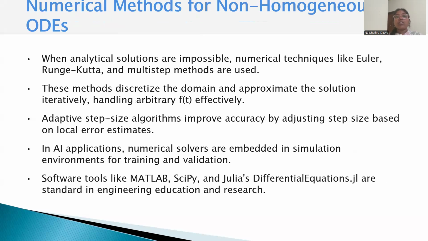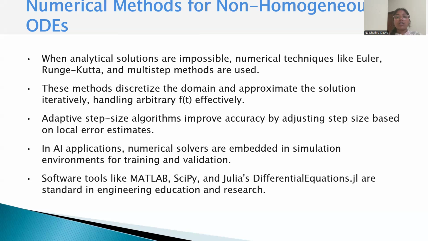Numerical methods for non-homogeneous ODEs. When analytic solutions are impossible, numerical techniques like Euler and Runge-Kutta or multi-step methods are used. These methods discretize the domain and approximate the solution iteratively, handling arbitrary f of t effectively.